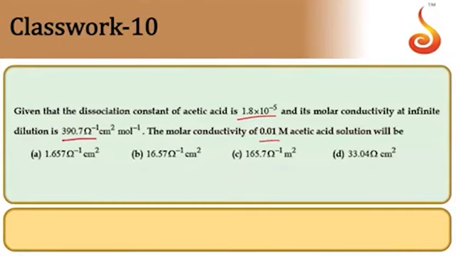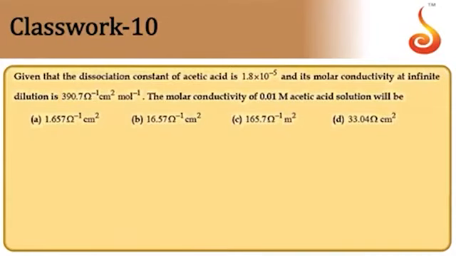They are asking for lambda molar, the molar conductivity of the solution. They gave us the Ka value, the dissociation constant of acetic acid. They also gave us the lambda naught molar value, 390. So lambda naught is there, Ka is there, lambda molar we need to find out.